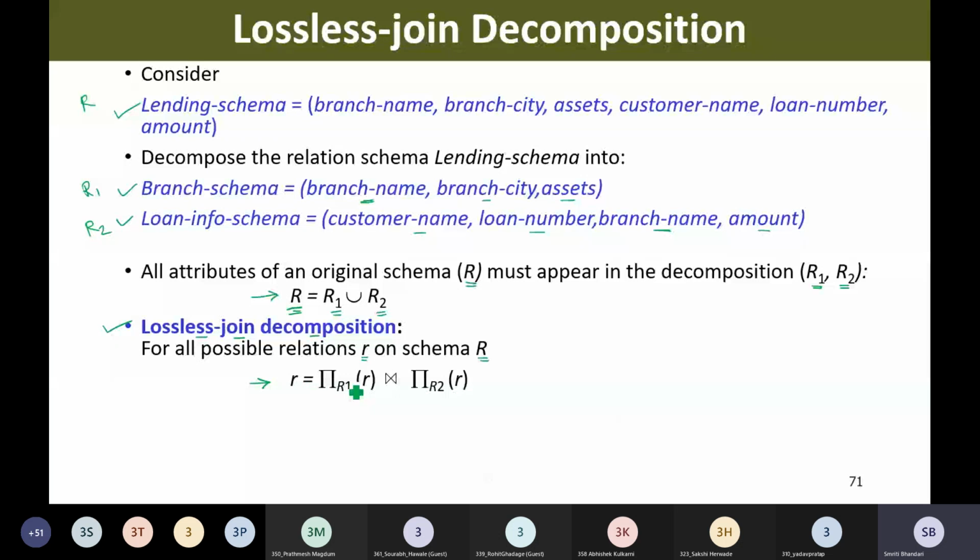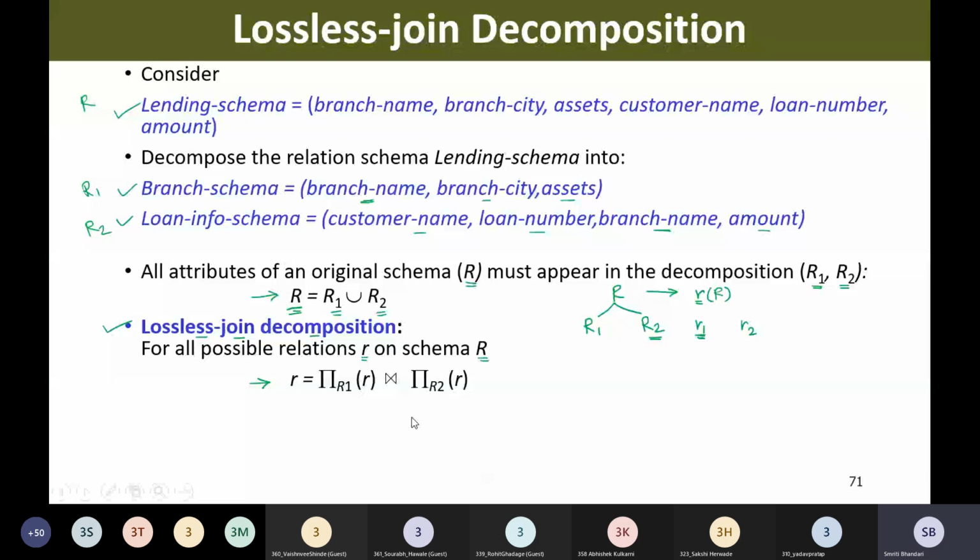R1 has some attributes and R2 has some attributes. Now we have relations on these schemas. The relation on capital R is, say, small r. The relation on schema R1 is, say, small r1. And the relation on schema R2 is, say, small r2.